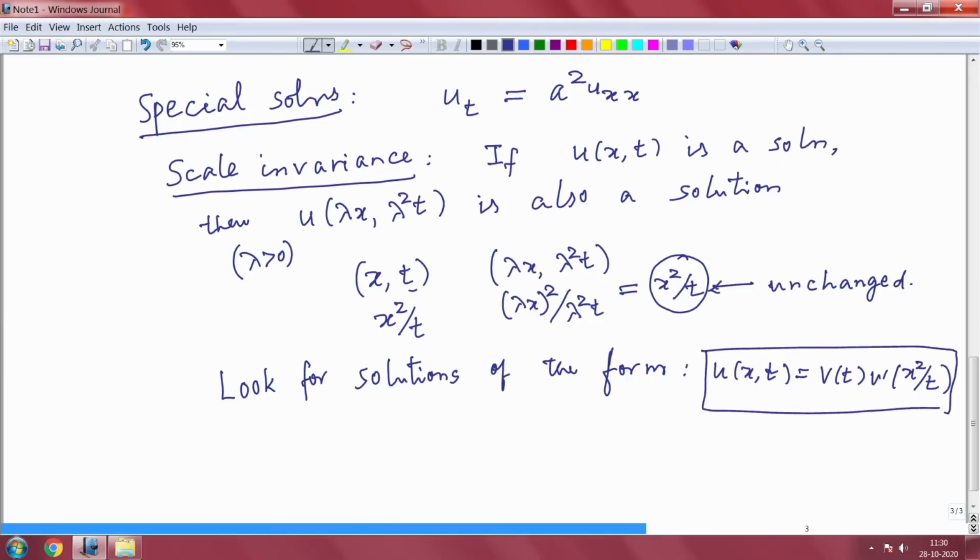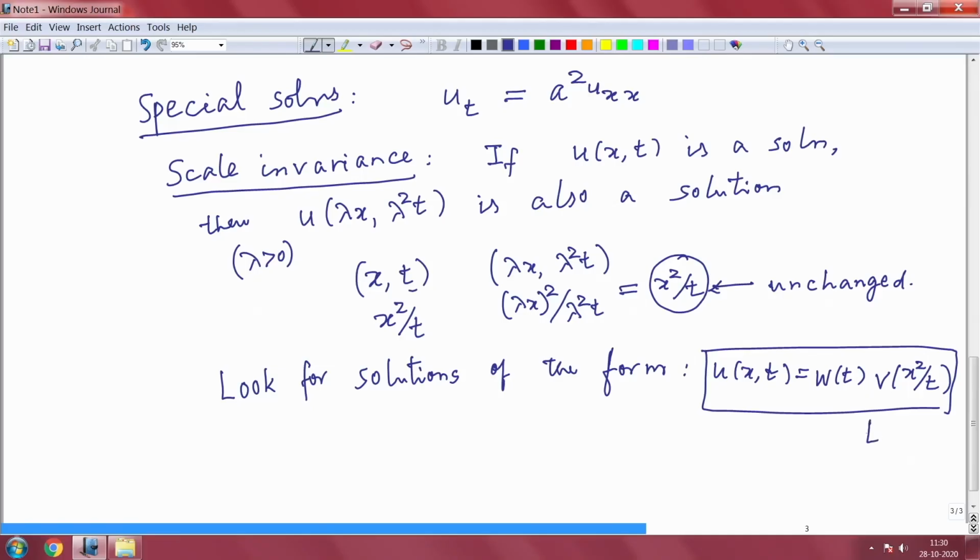Okay. Let me write that. w is a function of t only and v is a function of x²/t.